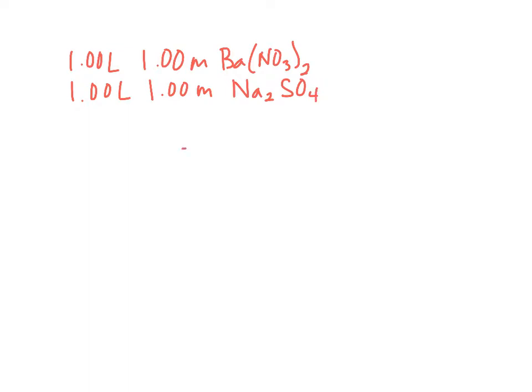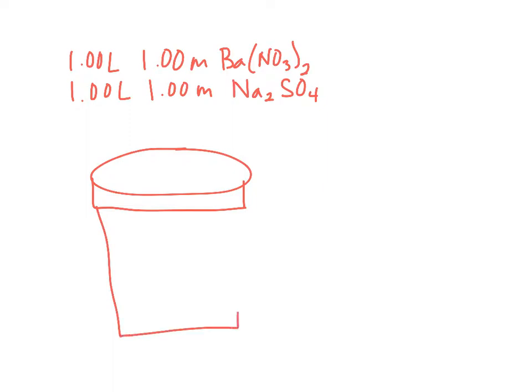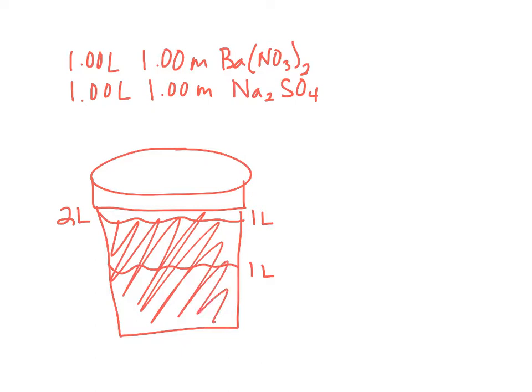So basically, what we did was we took our coffee cup calorimeter and we added those two things in there. So we put in the 1 liter of barium nitrate, and then we added the 1 liter of sodium sulfate. And so when we had 1 liter of this and 1 liter of this, now the total volume is 2 liters. And then all of those things mixed and reacted.